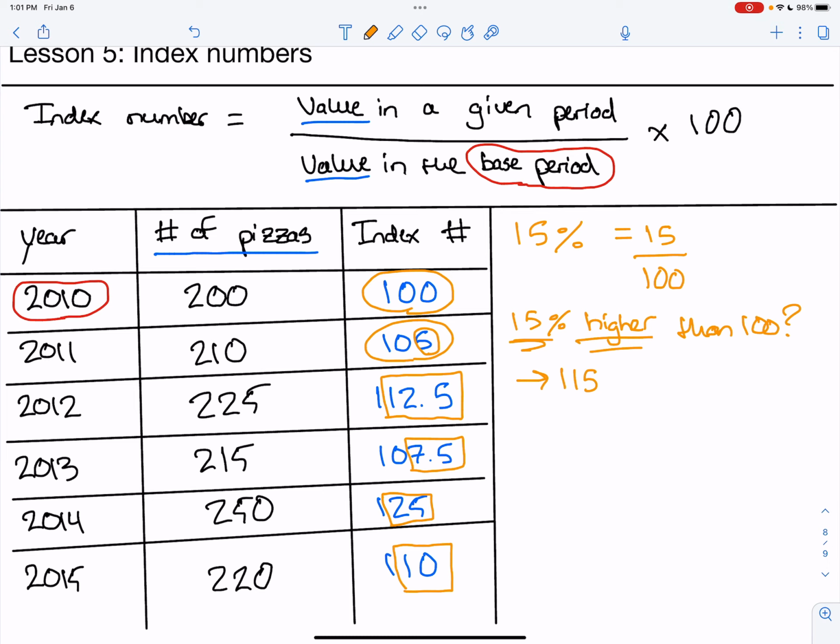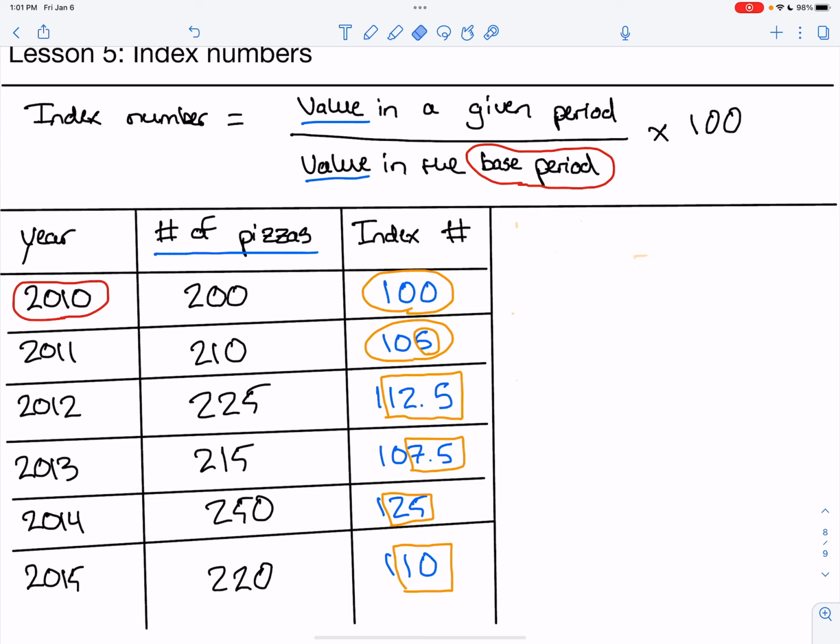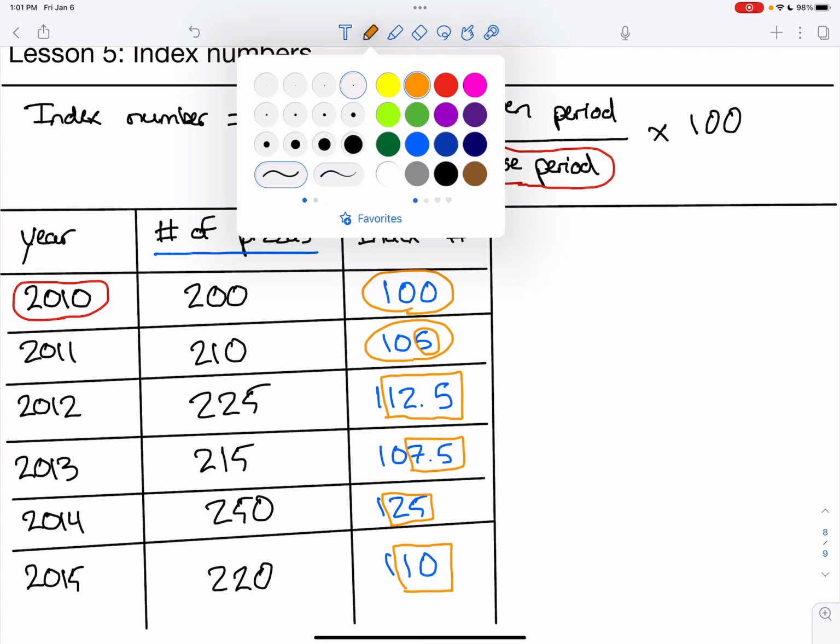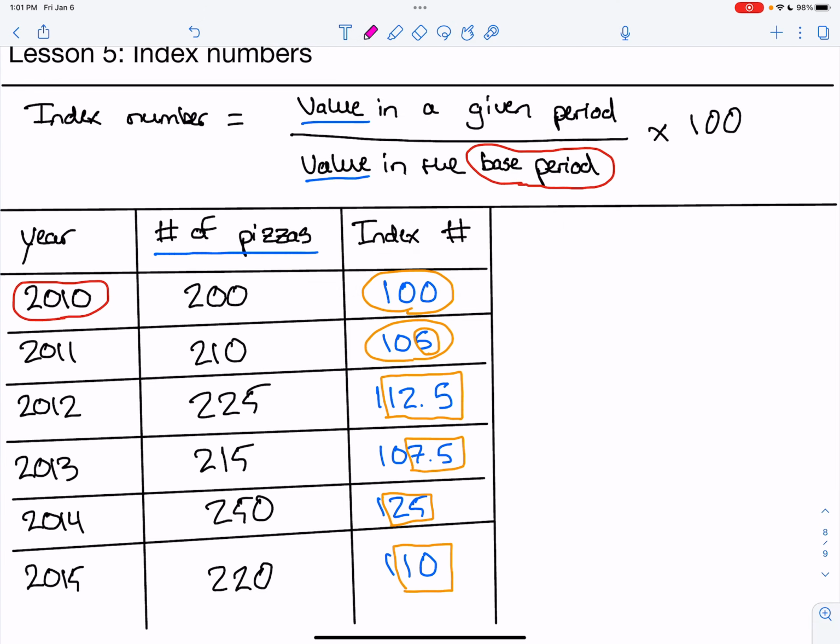Okay, now I want to just flag a few possible pitfalls here, mistakes that you really should be careful not to make. If I ask you, by what percentage has pizza production increased from 2011 to 2012? So in 2011, our index number is 105, and in 2012, our index number is 112.5.